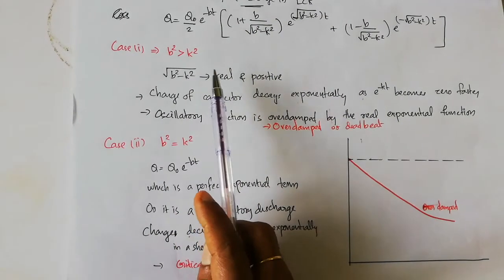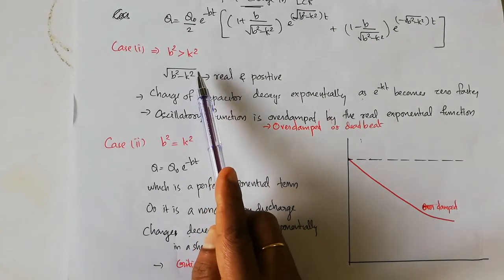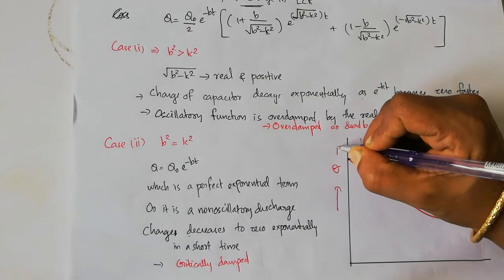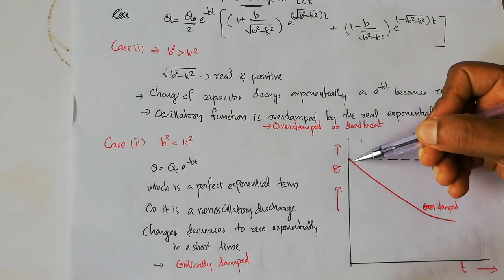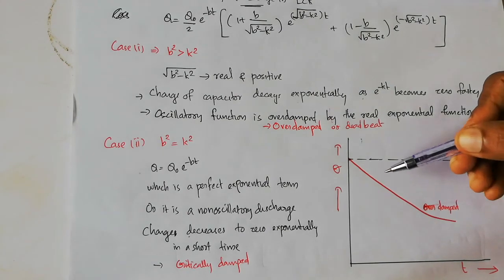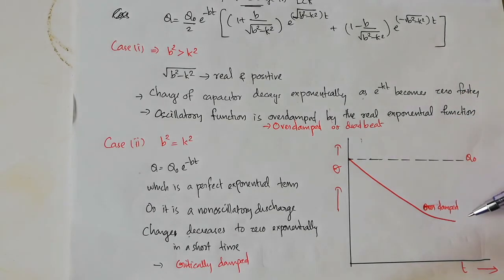So, this condition is known as overdamped or deadbeat. In the figure, when we represent the charge along the y-axis and the time along the x-axis, and if this is q0, we can draw the overdamped condition like this. It is decreasing or discharging exponentially.